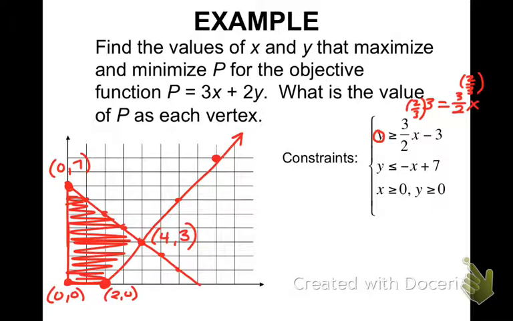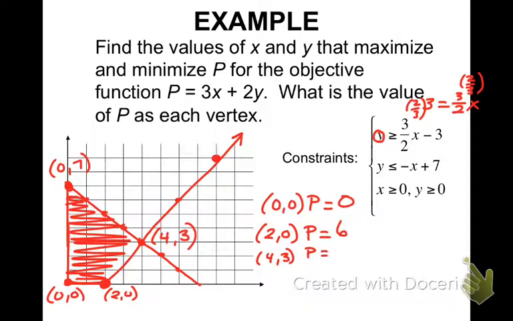So for all of these, you're trying to find the lowest. Well, it depends. It'll say either maximize or minimize. In this case, 0, 0 gets me a p of 0. When I plug in 2, 0 into my objective function, what do we get? 6. When I plug in 4, 3 into my objective function, we will get 12 plus 6, so 18.